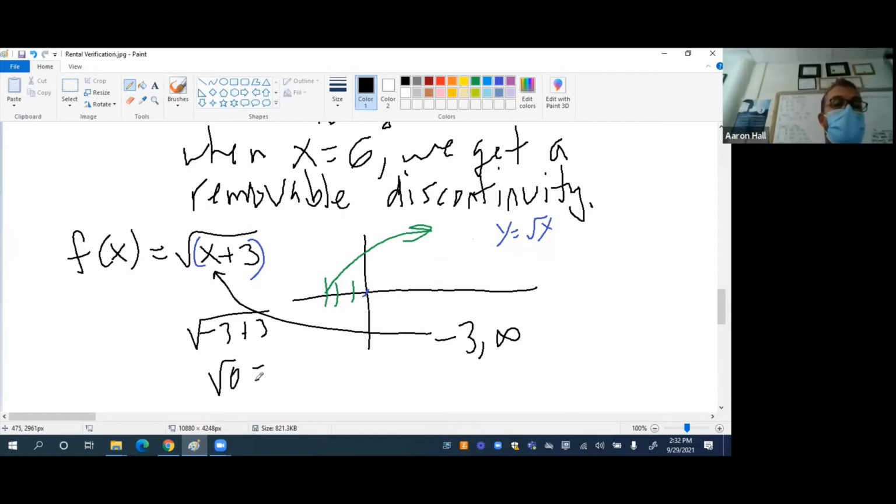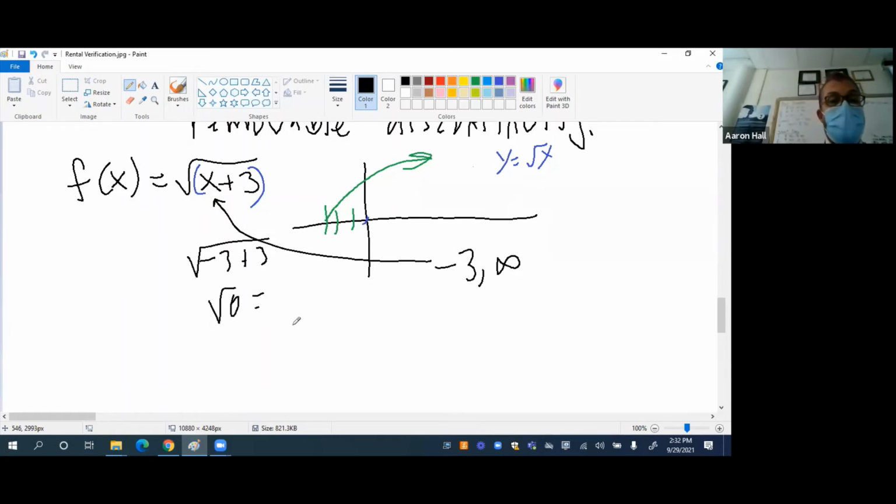Whenever we see a square root, we're literally asking what times itself gives us that number. It is 0, so it is included. So we include it with our brackets here. And then infinity is not a real number. So for infinity and negative infinity, we always use parentheses because we're not saying it's a stopping point.